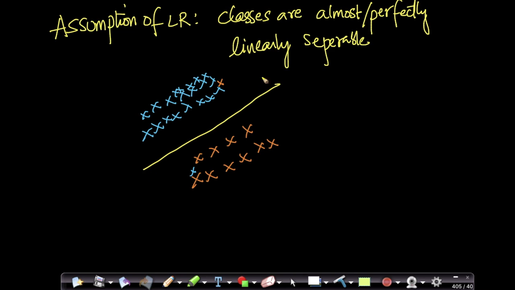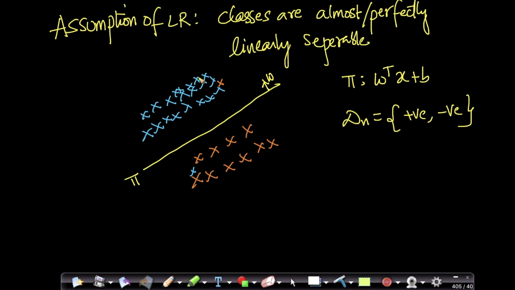What is the equation of my plane right now? My plane has a normal of w, and my plane can be represented as w transpose x plus b. Now, what is given to us? You are given both the positive data points and the negative data points, all of the blue points and all of the orange points. This is already given to you. What do you have to find out?